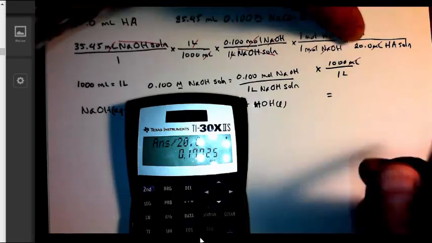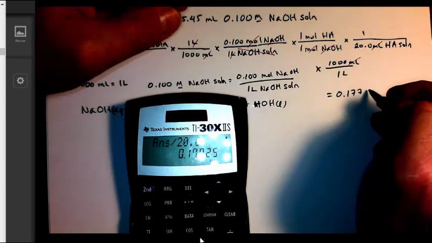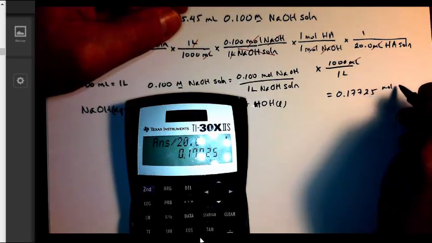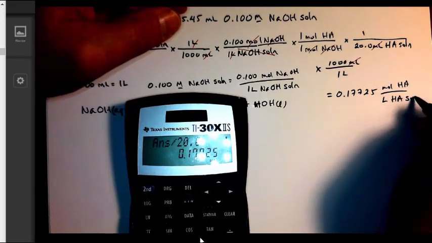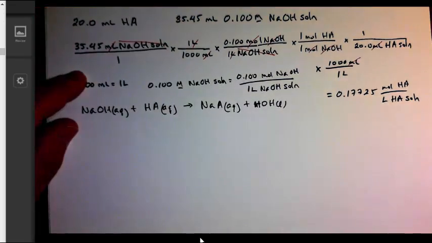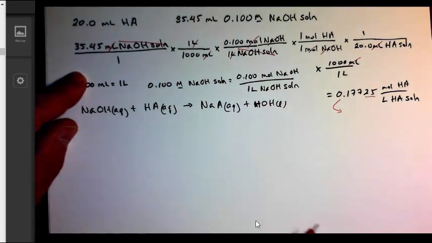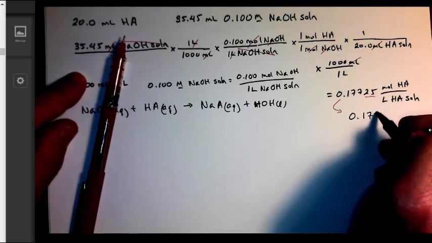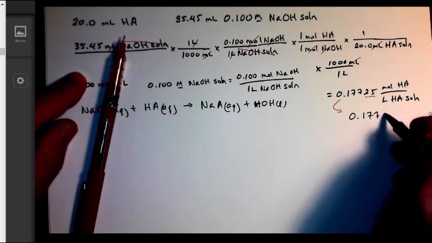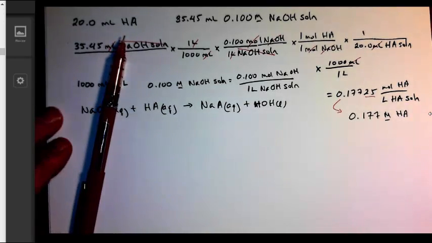And I get a molar concentration of the acid of 0.17725 moles of HA over liters of HA solution. I need to round that to 3 significant digits because I've got 3 digits here. And I get a molar concentration of 0.177 molar concentration of the acid.